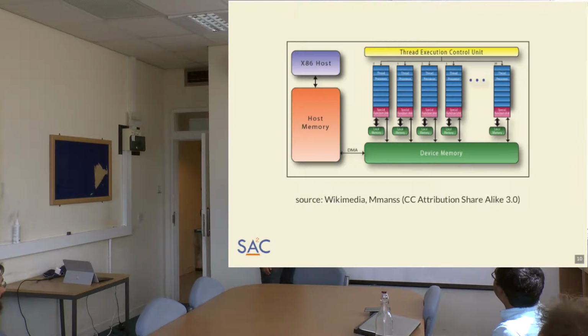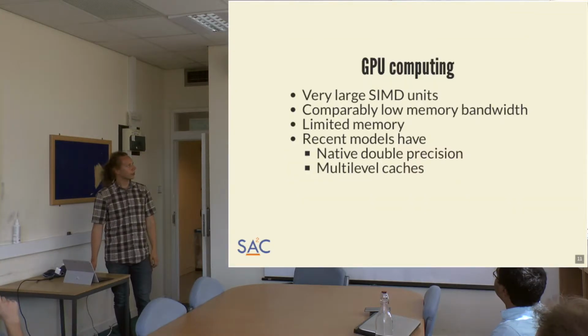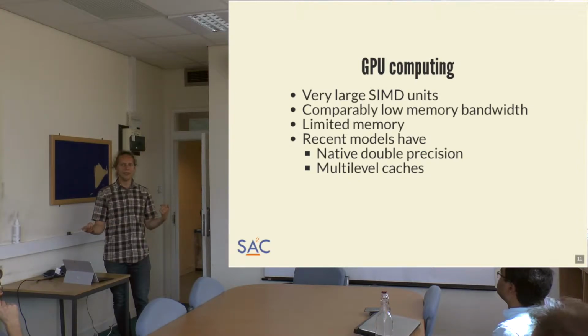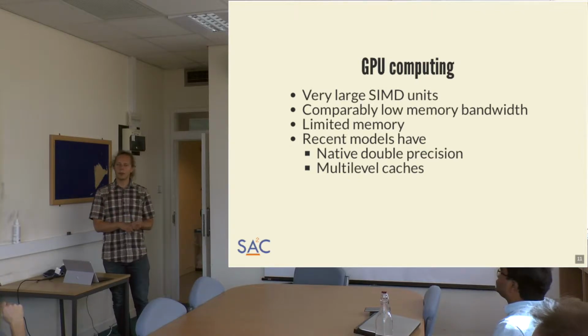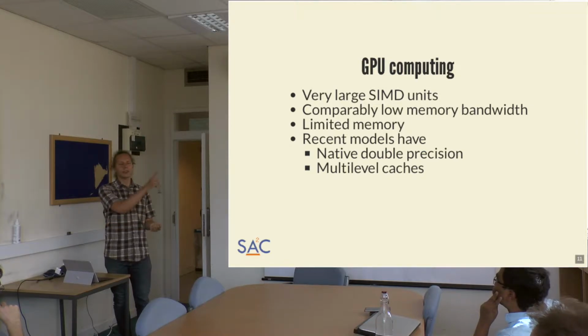These do all have their own small cache, register memory, and some special execution units. But okay. So then you have large SIMD units. You have comparably low memory bandwidth even inside the chip, and especially in transferring between the CPU and the device. This comes from, if you imagine, sending data through the device to the screen.